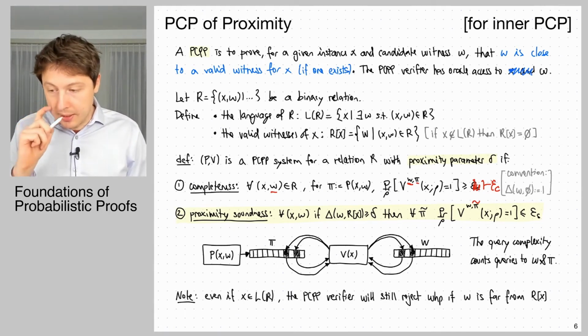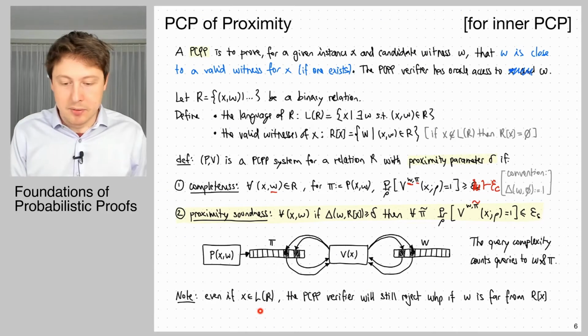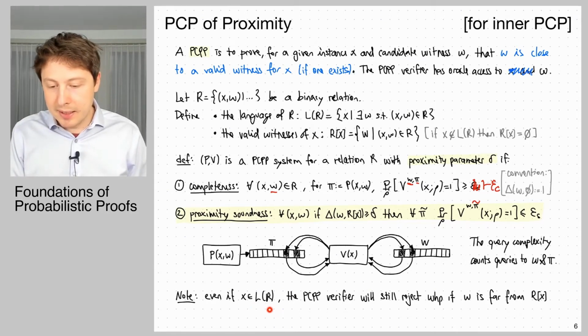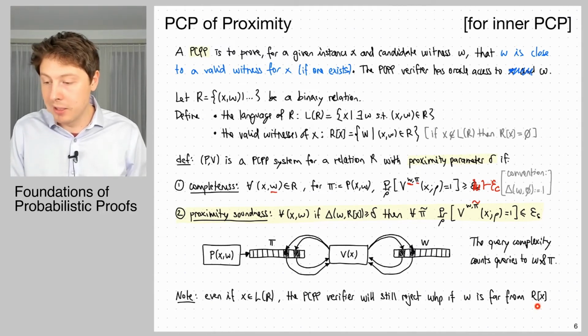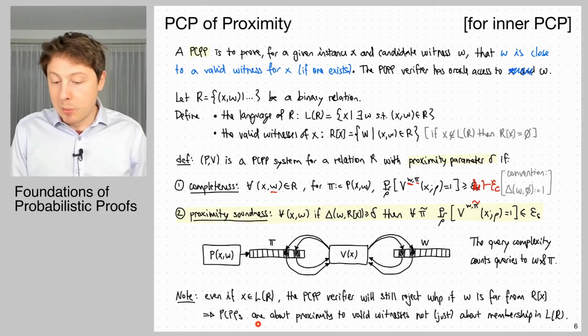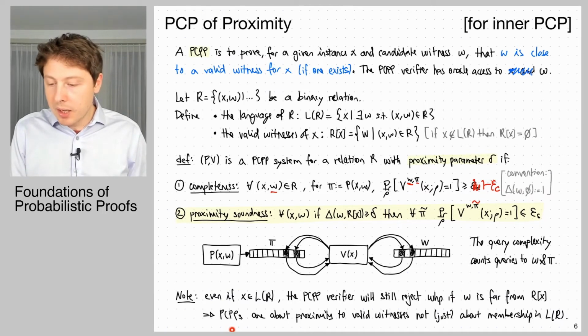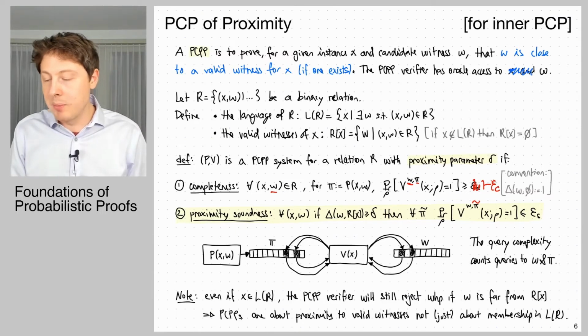And I guess I already said it, but even if X is in the language, the PCP verifier will still reject with high probability if W is far from all valid witnesses. So PCPs of proximity are really about proximity to valid witnesses, not just about membership in the language.